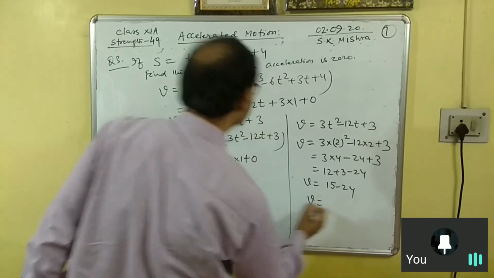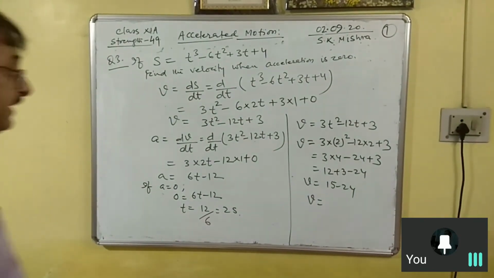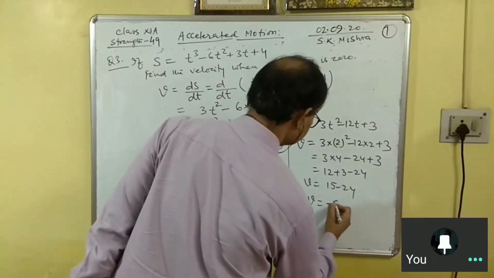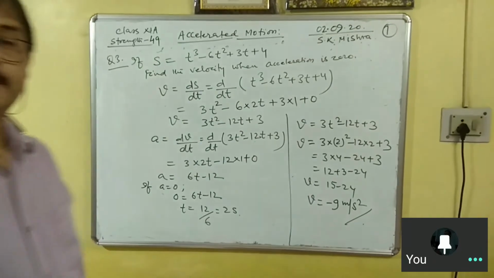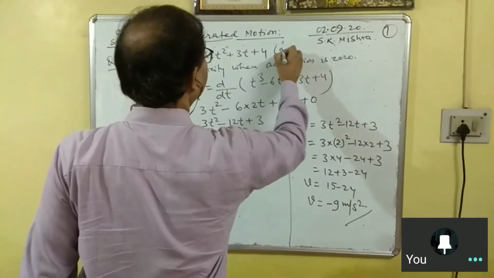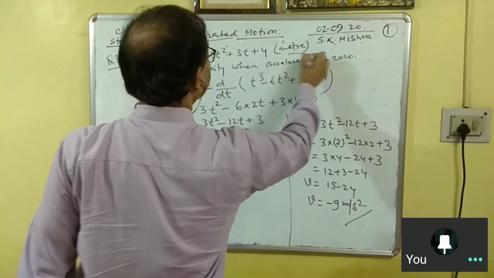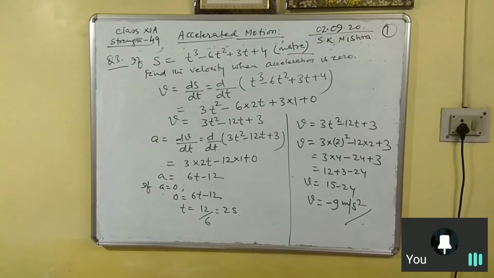So it's how much? Velocity comes to be minus 9 meter per second, provided that this should be in meter, and t is measured in second.